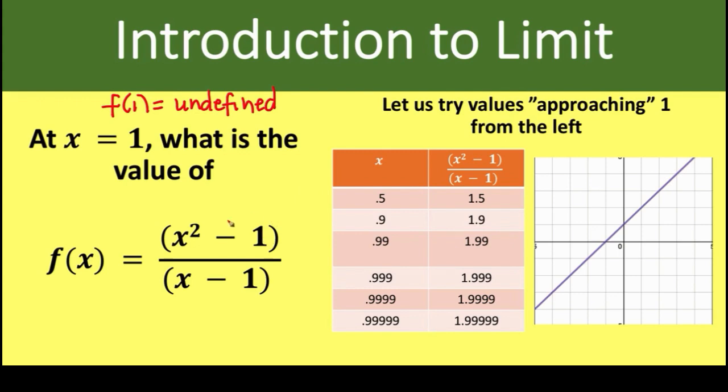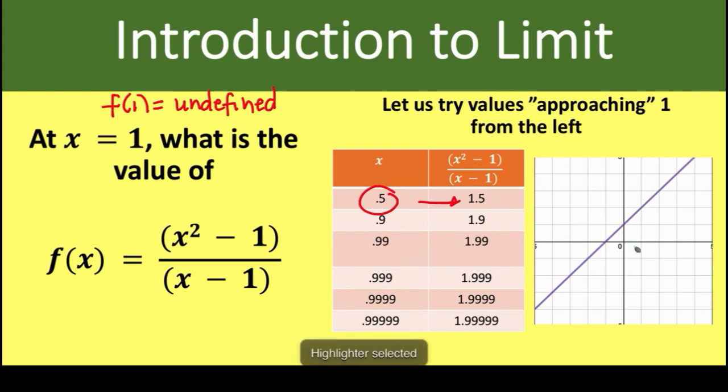Now, what if instead of evaluating the function at x equals 1, we just take values of x that are closer to 1? Let's say x is 0.5, 0.9, 0.99, or take any value that is closer and closer to 1. Here is our result. At x equals 0.5, y is 1.5.